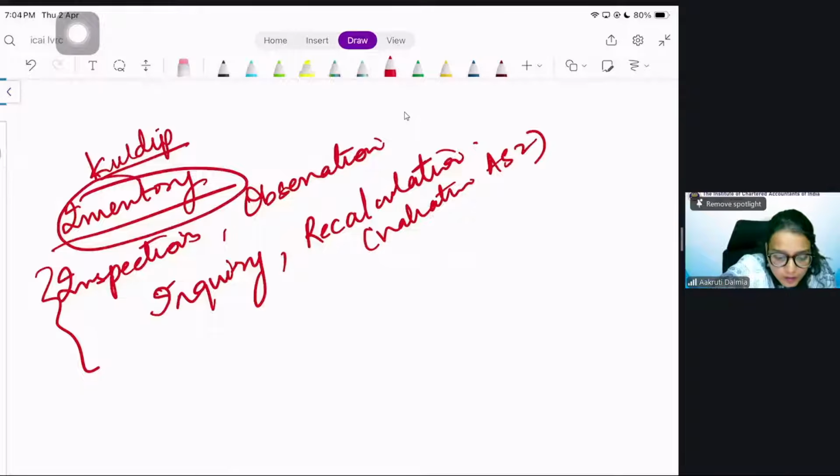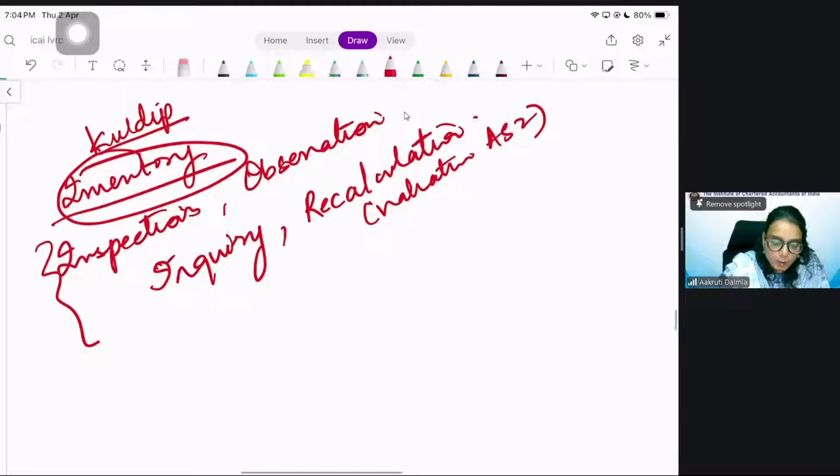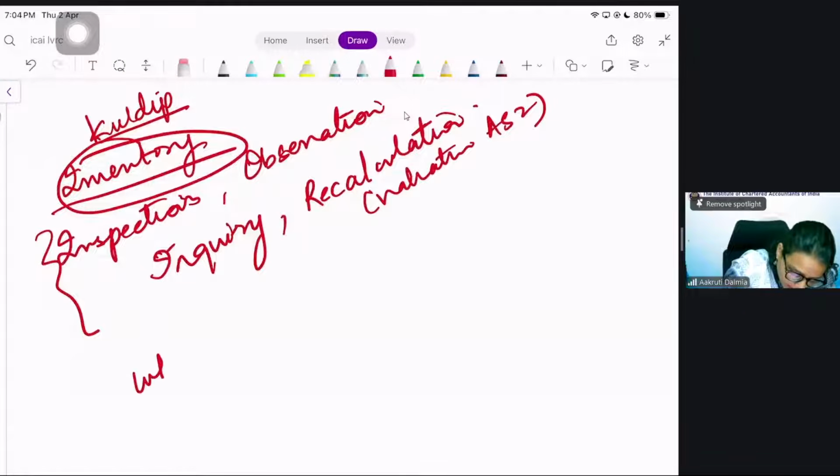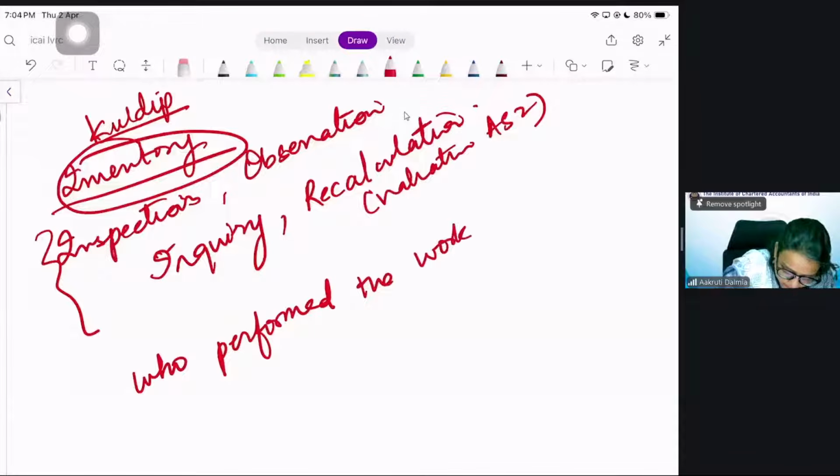Okay. What all things would you want to be there in the documentation? What would you document in terms of nature, timing and extent of audit procedures? So what will Kuldeep say? Tell me, who performed this work? Who performed the work?